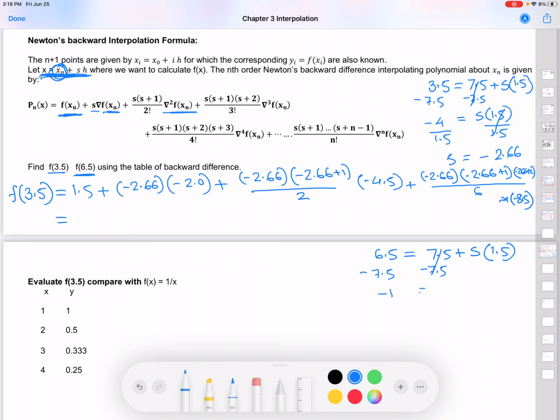Negative 1 is equal to s times 1.5, so we divide both sides by 1.5. s is equal to negative 1 divided by 1.5, which is negative 0.666. So you replace all the s values, everything else will be the same, only s will change. All these s will be negative 0.666, and you complete your calculation.